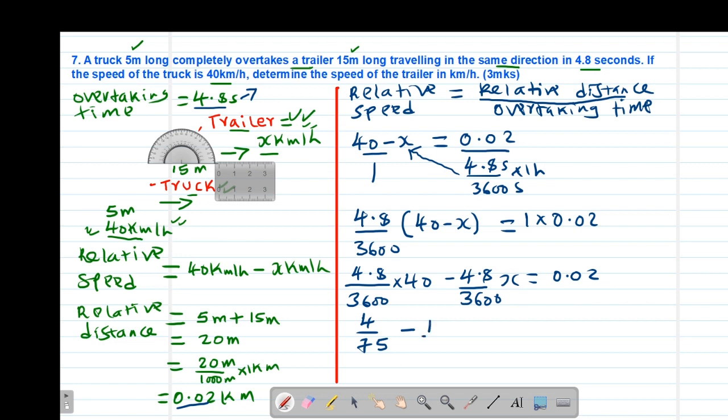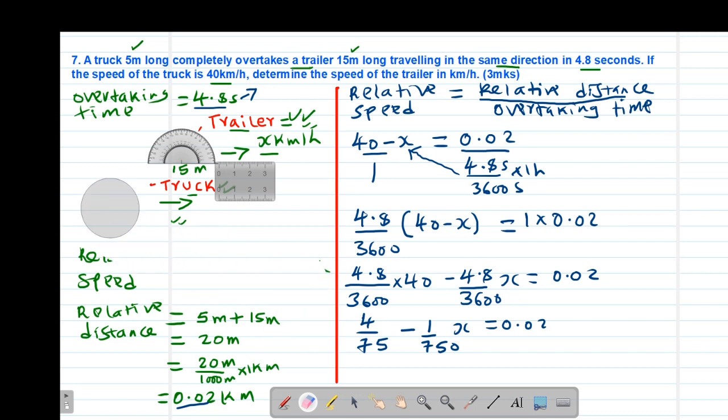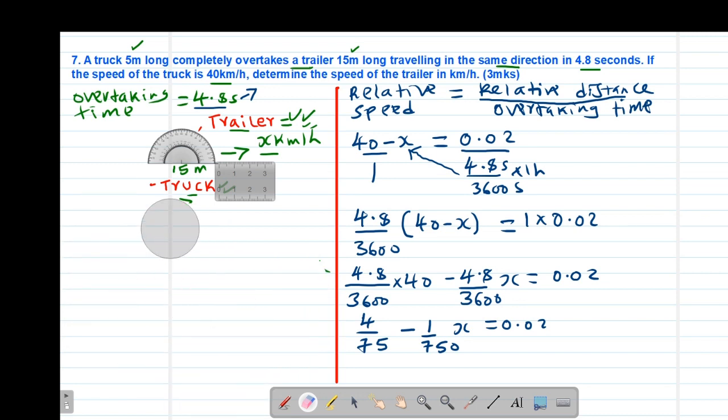So this will be 1 over 750 times x, which should be equal to 0.02. Then looking at the given equation, my LCM will be 750.